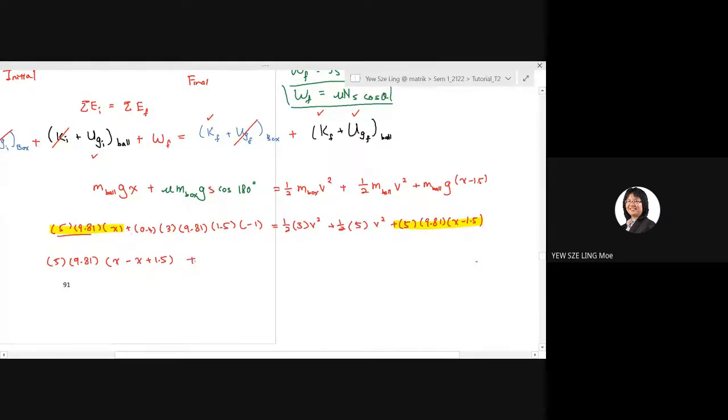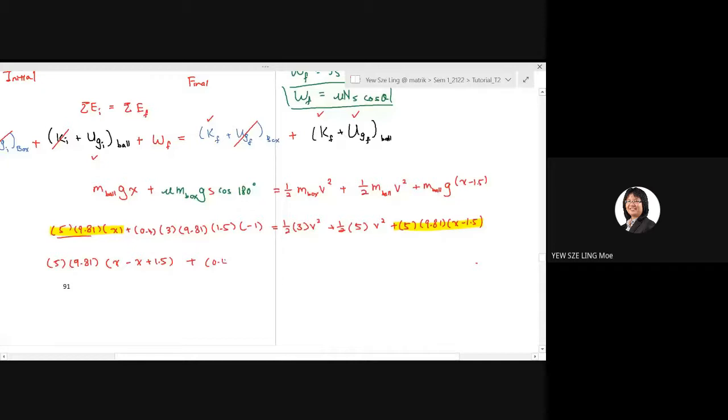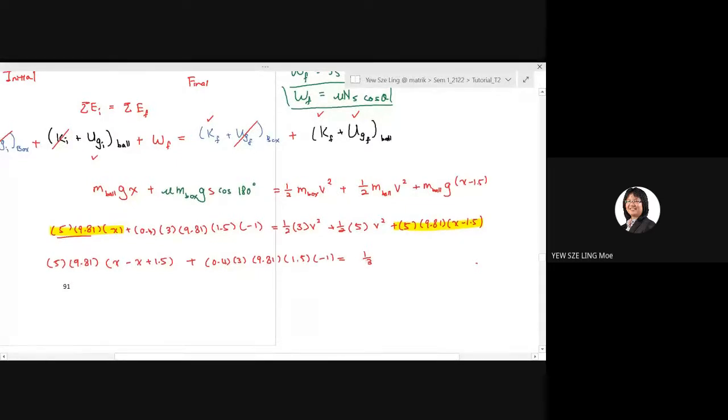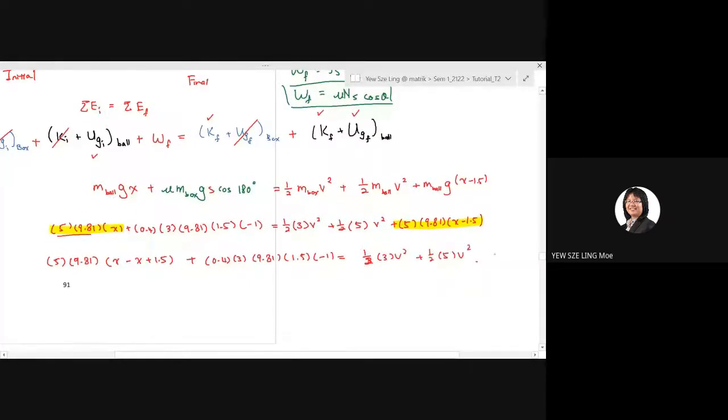So plus 0.4 and then 3, 9.81, 1.5, -1, which then equals 1/2 times 3v squared plus 1/2 times 5v squared.